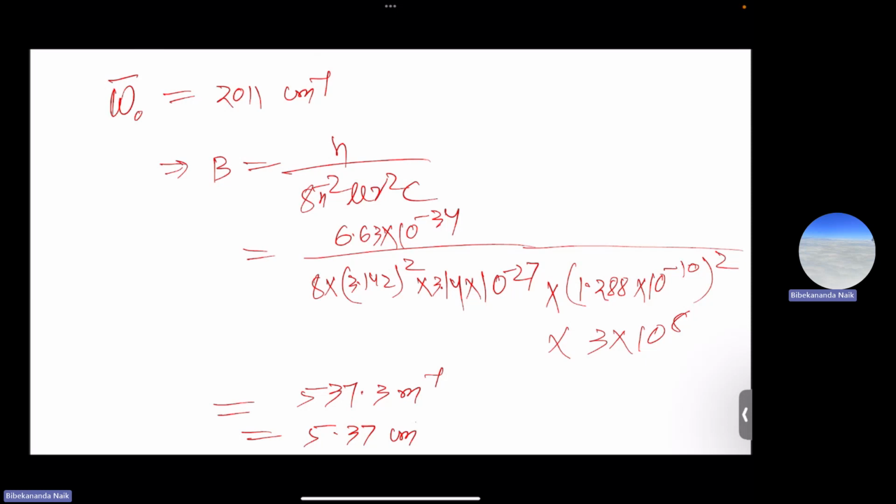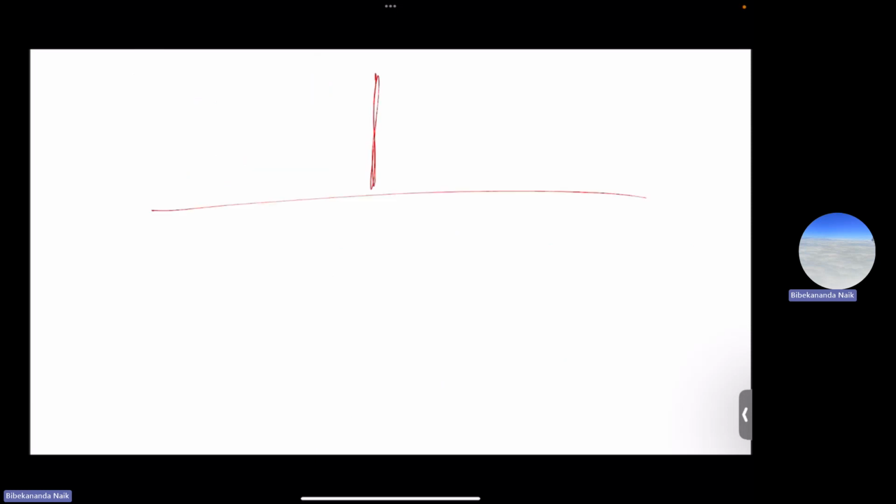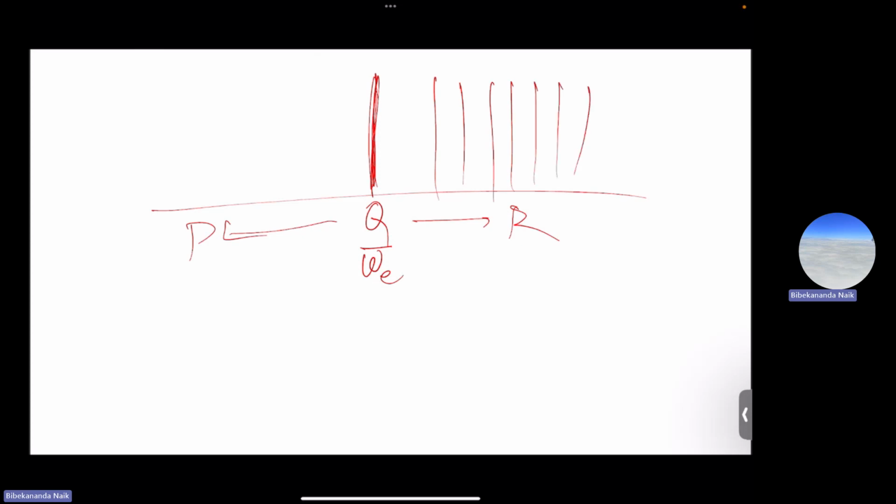Now if you see, third line means, I just mentioned, if this is the rotational vibration spectra, this is Q, which is omega E bar, then this side is R, this side is P. So there are different bands here and there are different bands here.